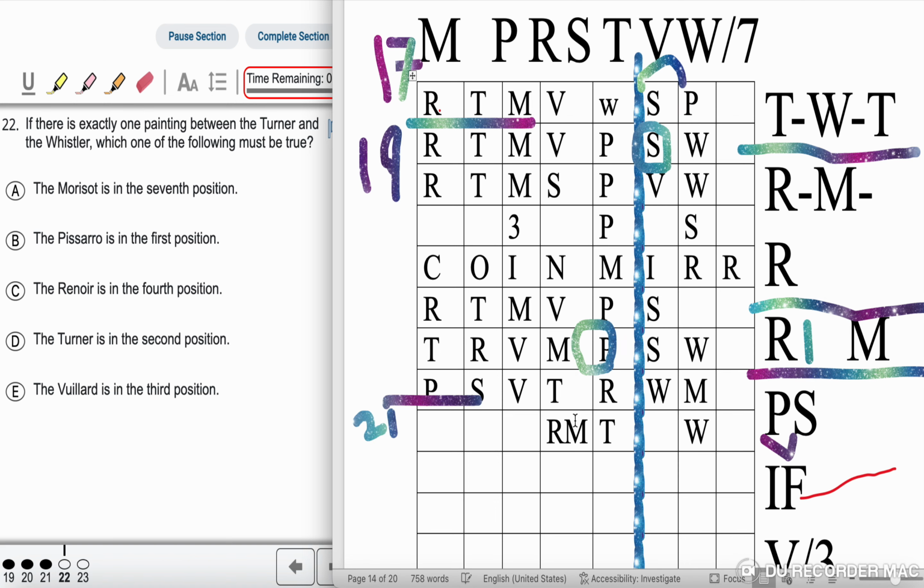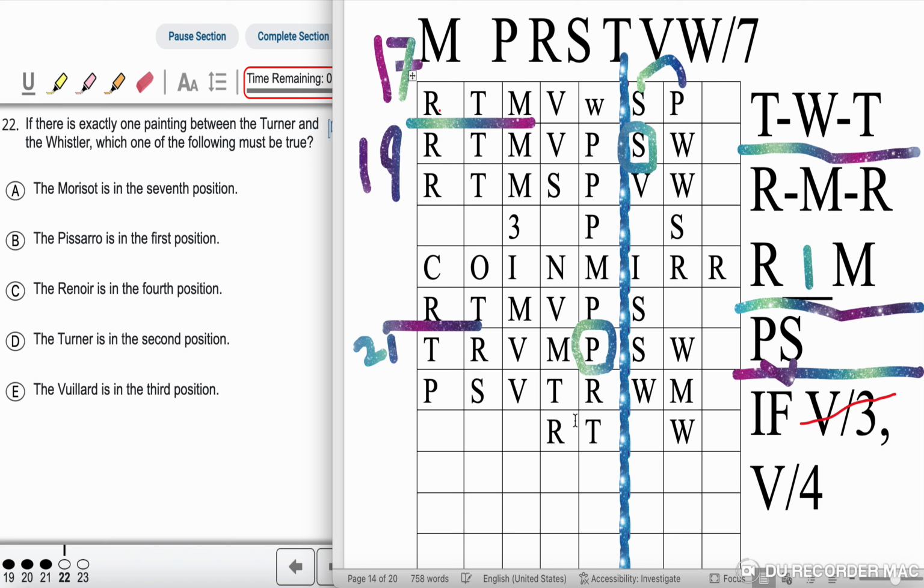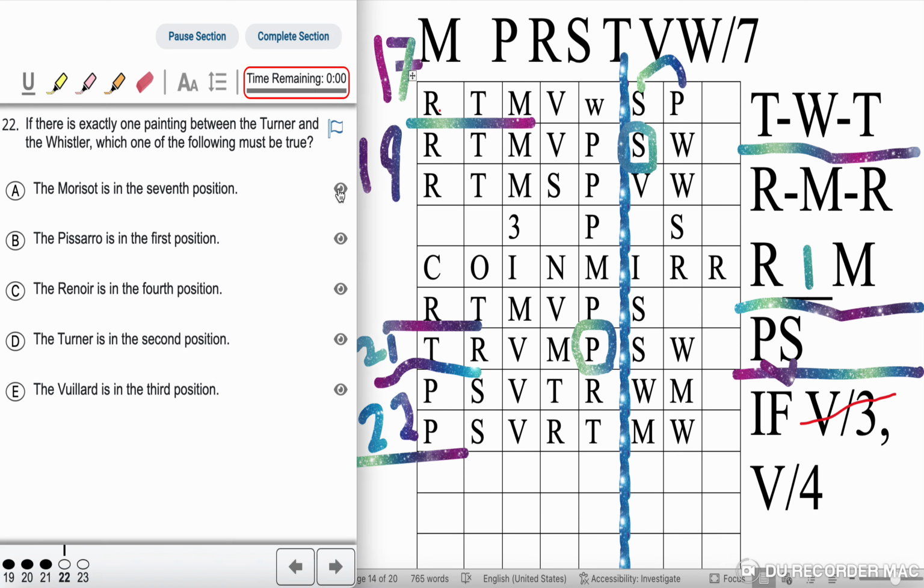We can actually see an opportunity for the letter M to be in the 6th position, so it doesn't necessarily have to be true, because in the second world I created, it's in the 6th position. So let me go ahead and organize this real quickly. Now that we created a second world, we see that it's not necessarily must be true, because it could be in the 6th. Go ahead and remove that one.